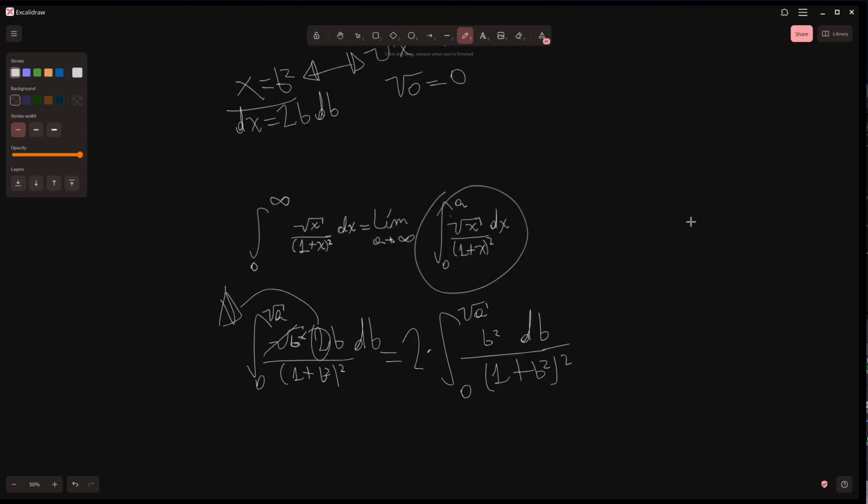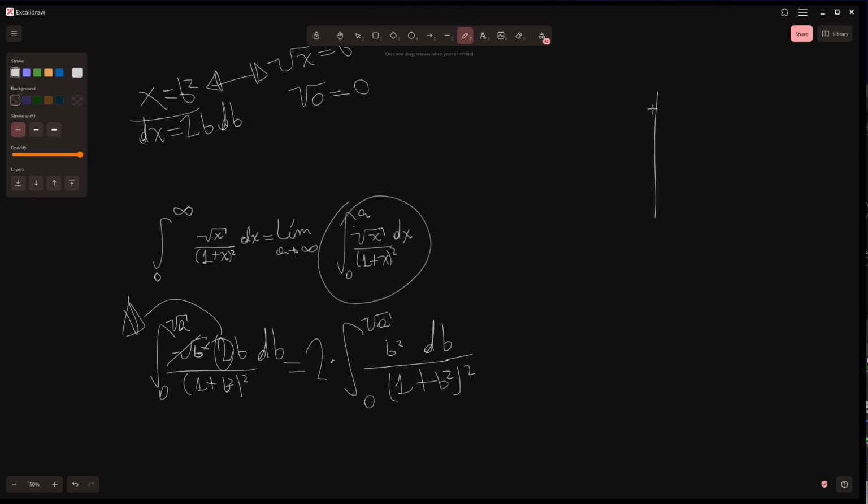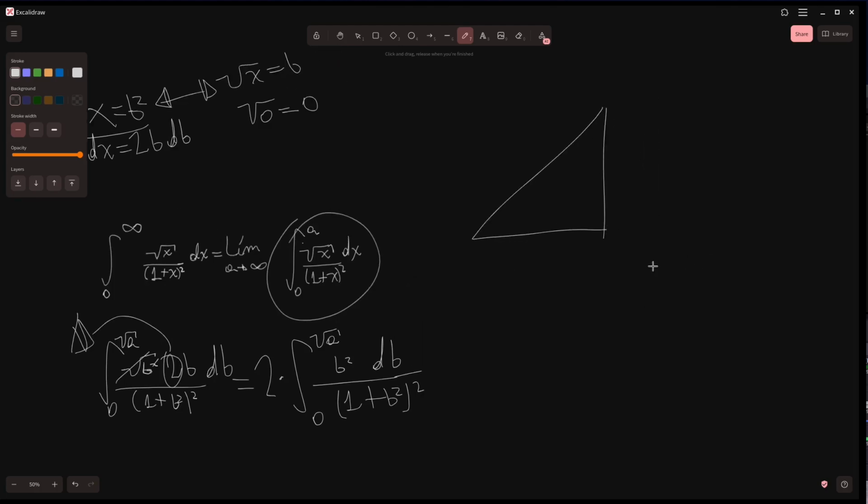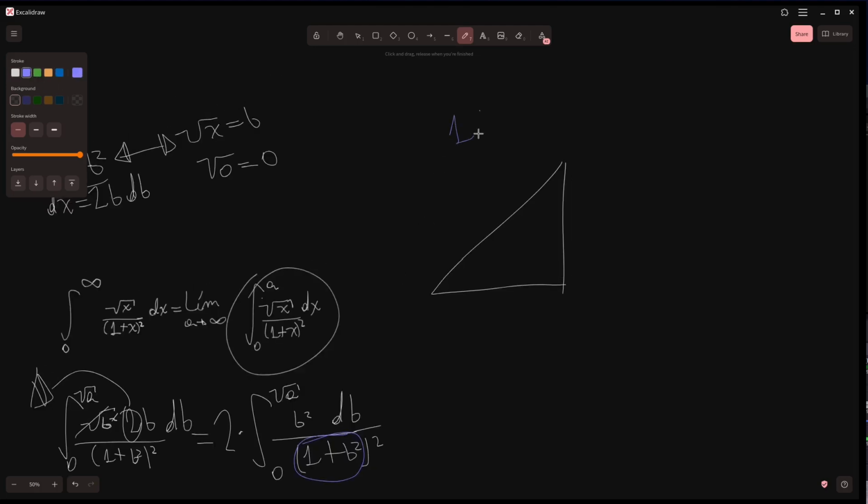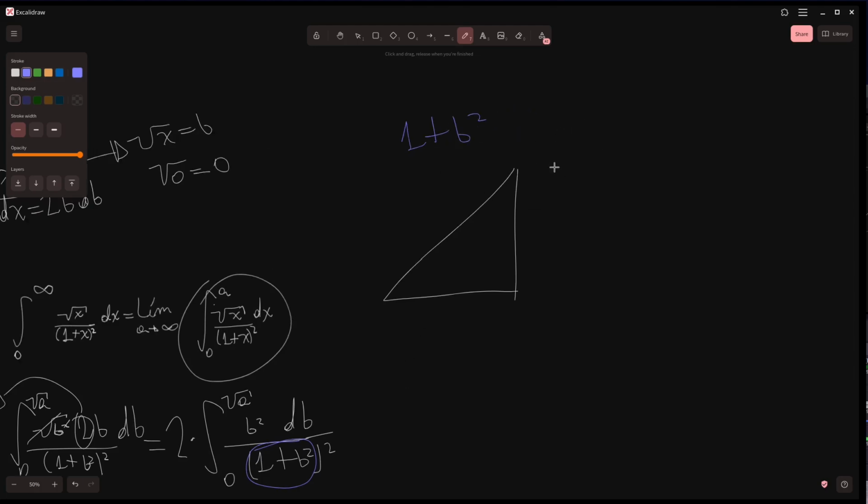So we can use the trigonometric triangle. If we take this expression right here, 1 plus v squared, we can name this side v, this side 1, and that should be the hypotenuse, because this is a right triangle.